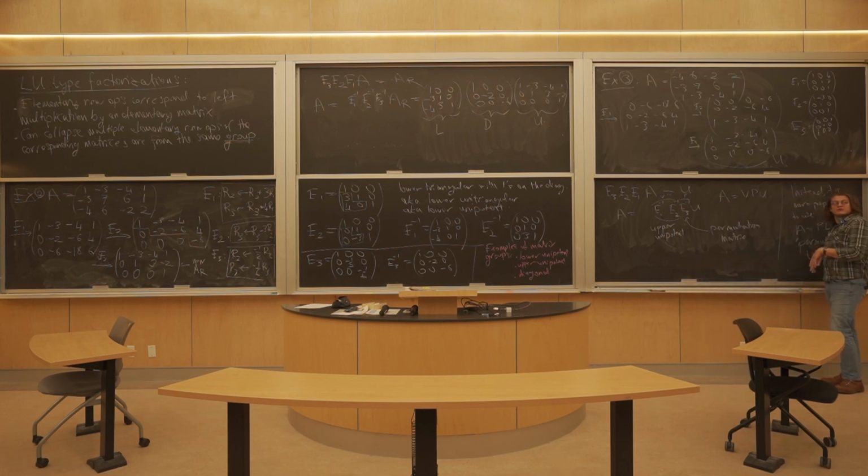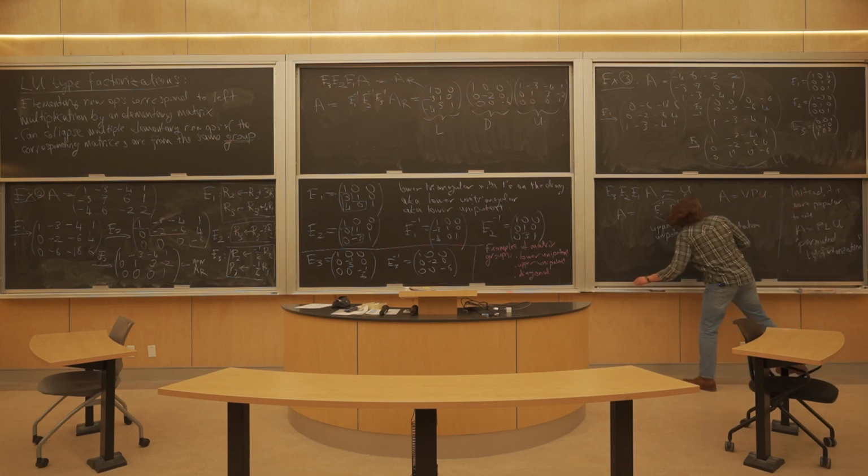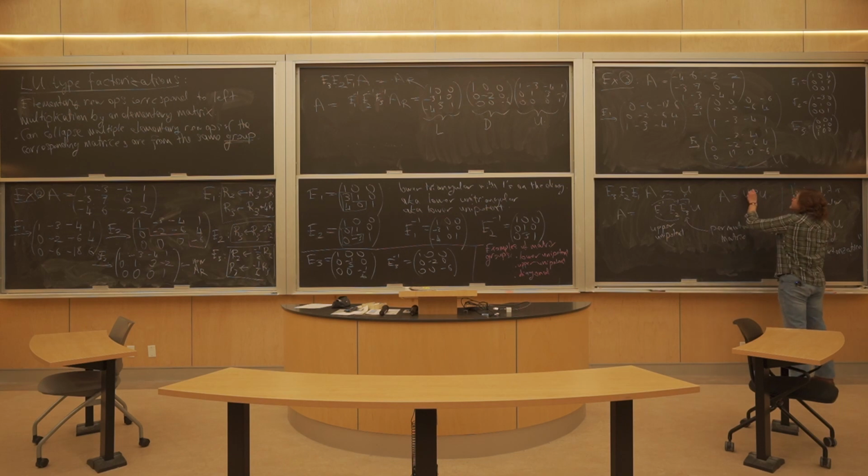What's V for? I didn't want to write U. It's still upper triangular. Oh, it's a U. This is a U, this is a V. It is a V, but you just changed the notation so that we can have double U's. So U prime. So V stands for what? It doesn't stand for anything. Oh, I see. It's the letter after U.